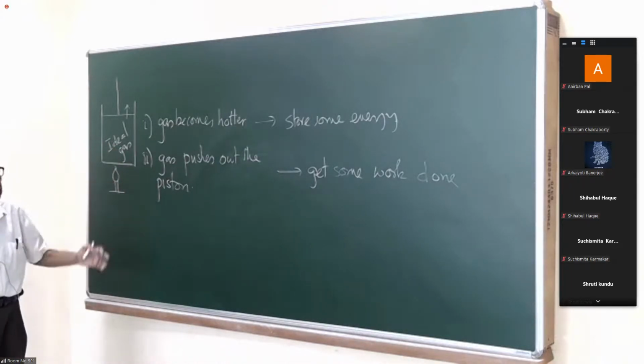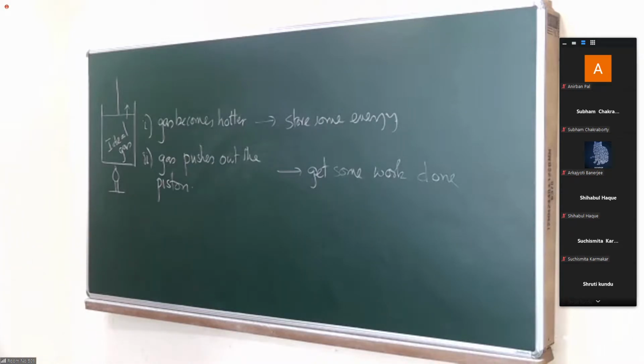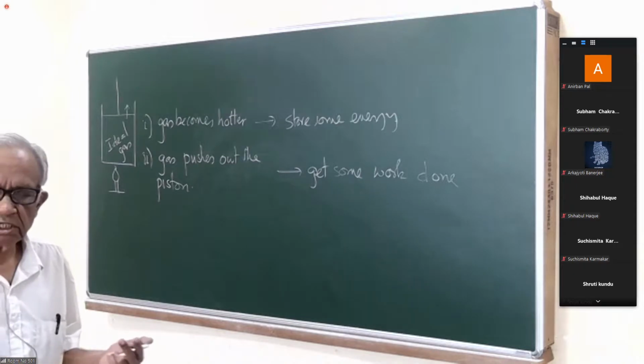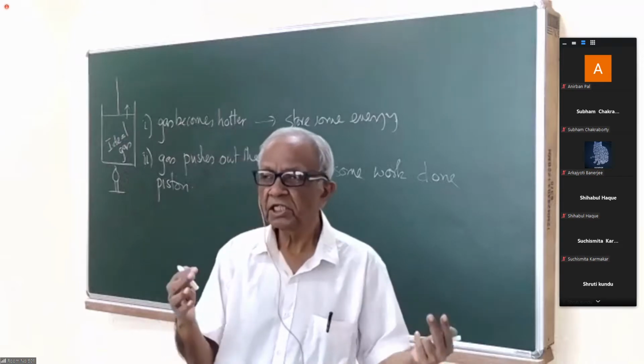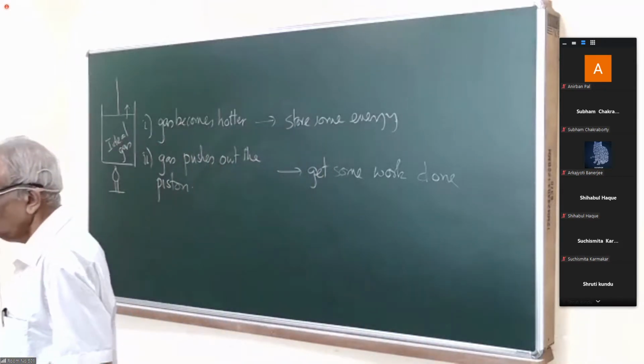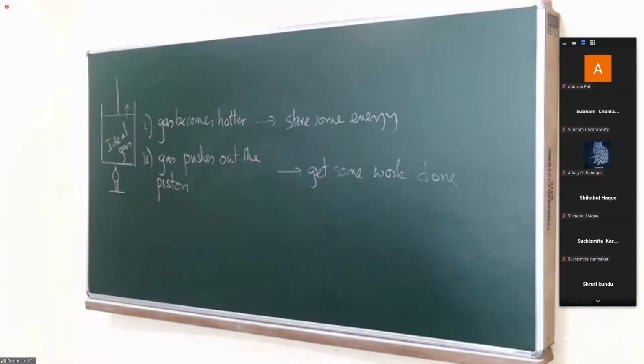Primarily, it has some internal energy which I can manipulate. Internal energy is what you are familiar with, the collective energy of these single particles running around, and their total kinetic energy is what amounts to the energy of the gas.